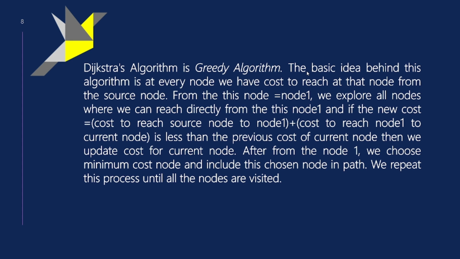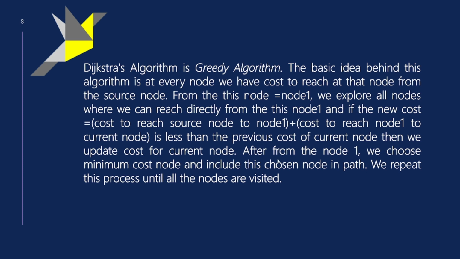The basic idea behind this algorithm is that at every node we have a cost to reach that node from the source node. From this node, node 1, we explore all nodes we can reach directly from node 1, and if the new cost, which is the cost to reach node 1 from the source plus the cost to reach the current node from node 1, is less than the previous cost of the current node, then we update the cost for the current node.